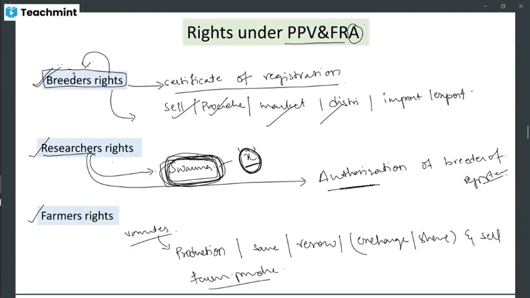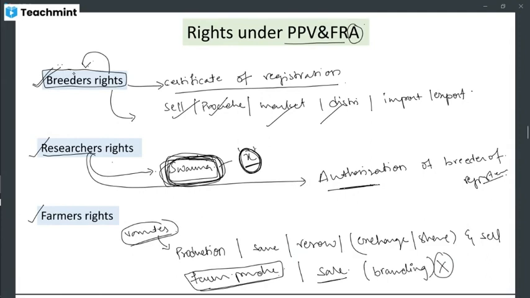But they cannot sell the farm produce of a particular variety registered under a breeder's name by making some branding on it. Branding is not allowed. They can sell directly, but they cannot use commercial marketing strategies or brand the packets. They can produce it, save it, and resow it.